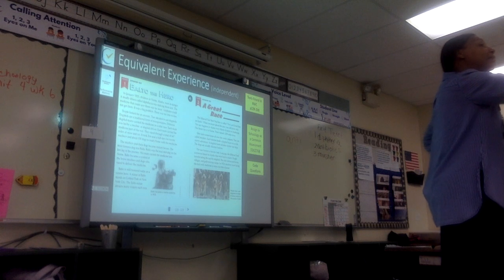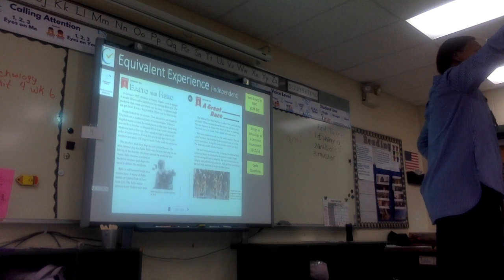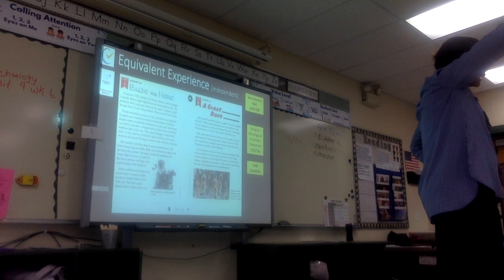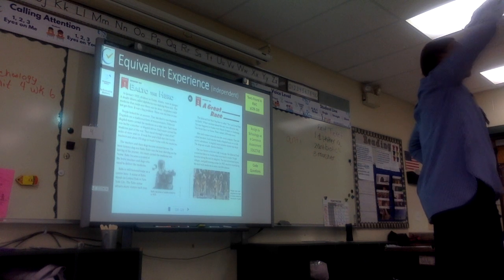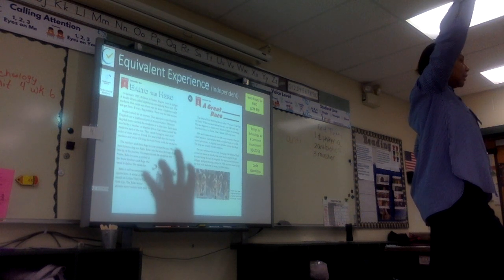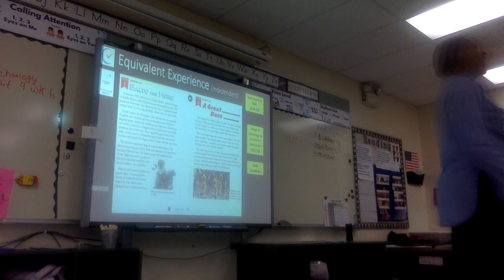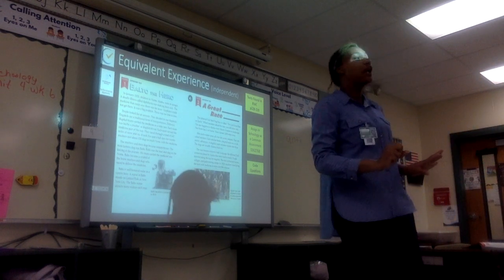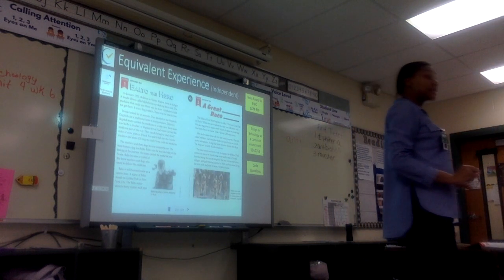But did the people do it or did the dog do it? The dogs. So the cause was they couldn't get the medicine where? To the village. They couldn't get the medicine to the village. To Nome. All right, that was the name of the village.